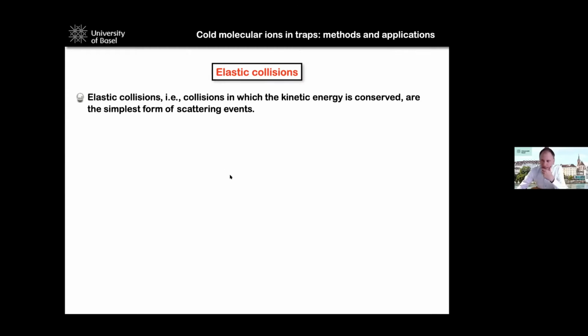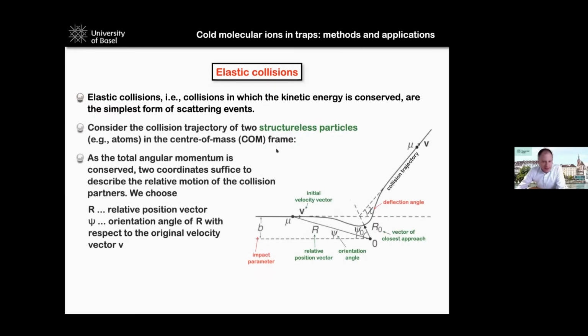That's the simplest case we can have, and I will use this example to introduce some of the salient concepts. Let's, for the sake of the argument, first consider just the collision of two structureless particles. You can think of this as a classical billiard game, or if you will, two structureless atoms that collide with one another. We are always dealing with these problems within the center of mass frame.